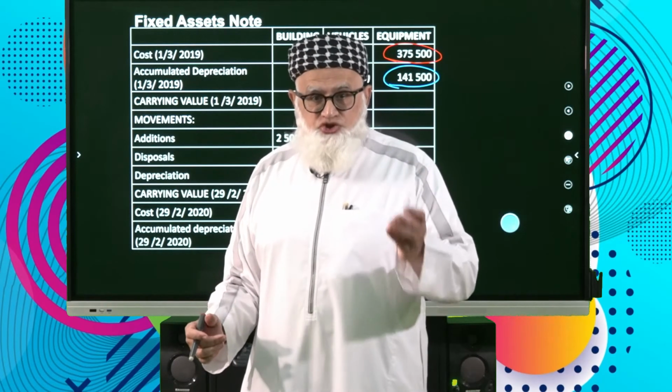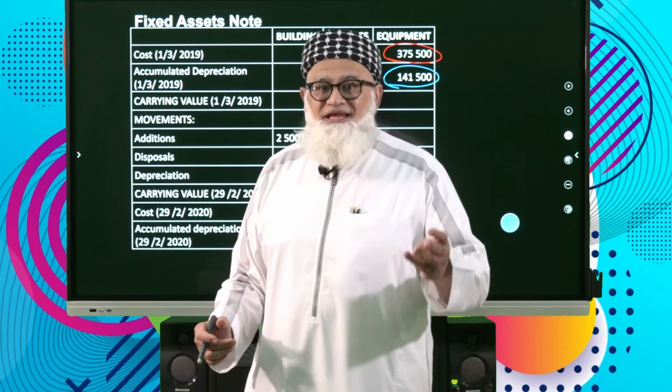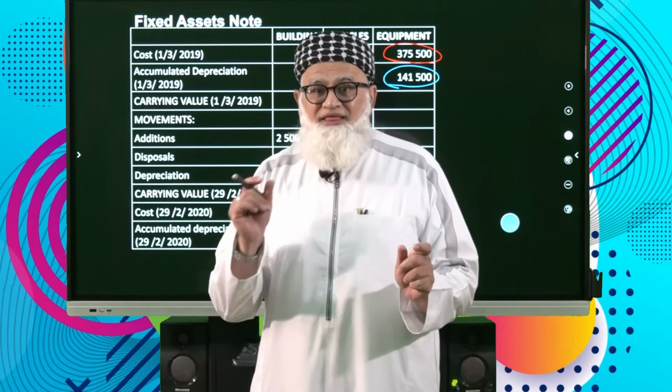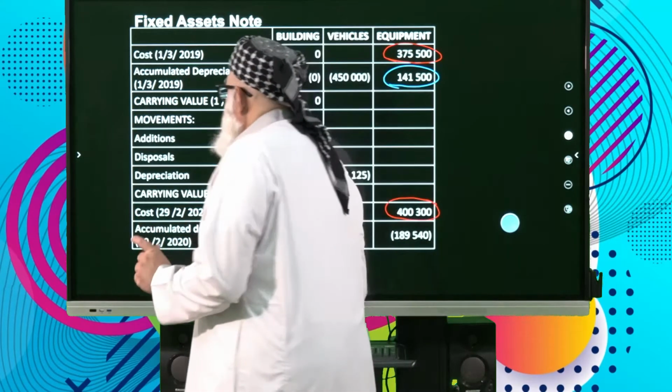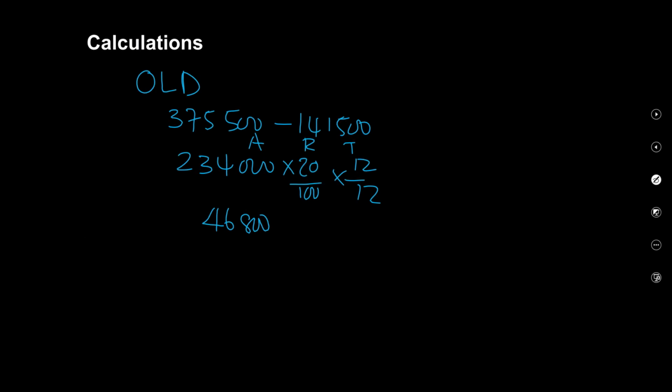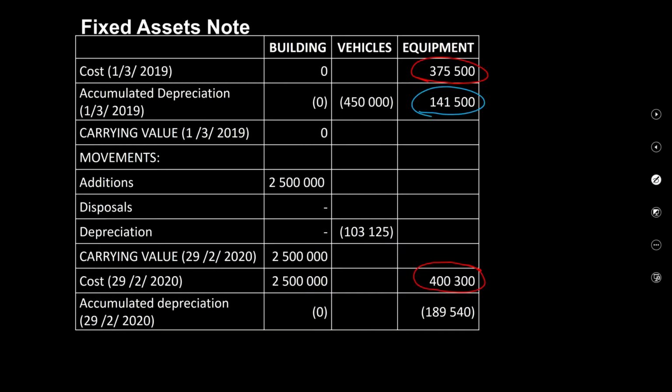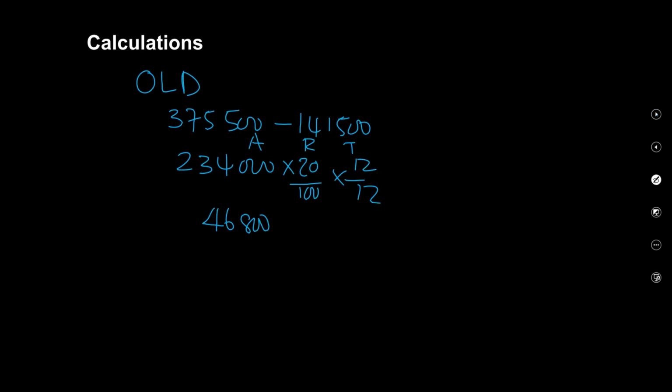If I bought on the 1st of December, it's December, January, February, so only 3 months of this financial year did we use the new equipment. We've already ascertained that we purchased equipment for 24,800. Therefore, we take the 24,800 times 20 over 100 times 3 over 12.